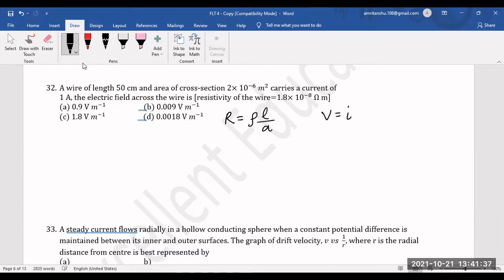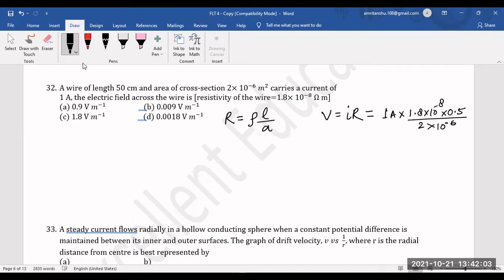V is equal to I into R. So current is 1 ampere and resistance is rho L by A. So this is 1.8 into 10 raised to minus 8 rho. L is how much? Length is 0.5 and area of cross section is 2 into 10 raised to minus 6.